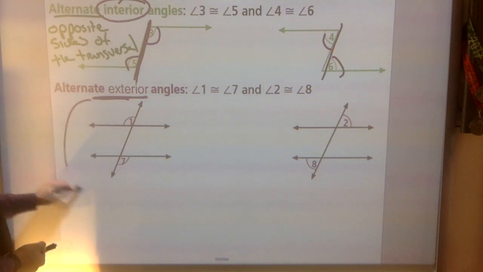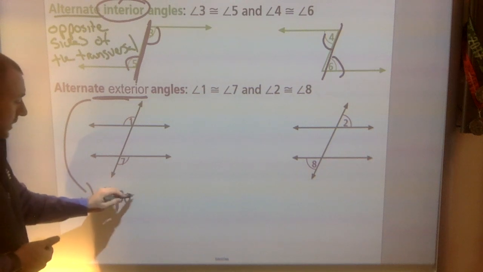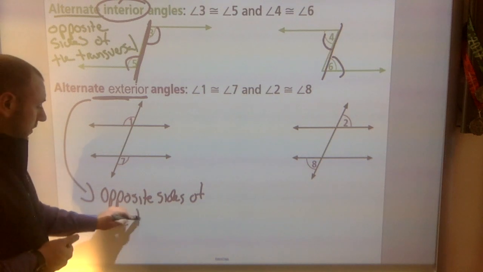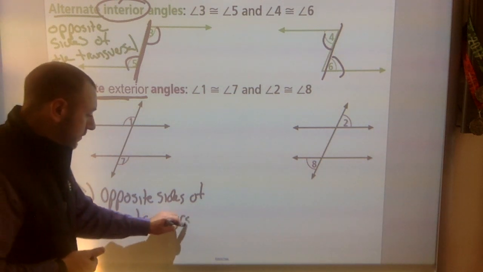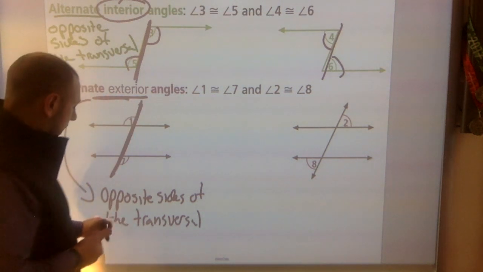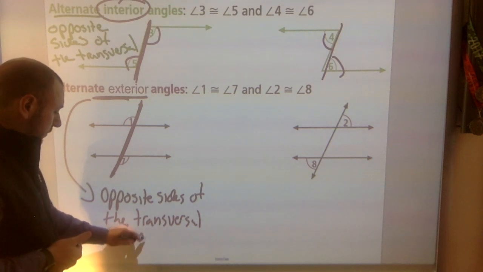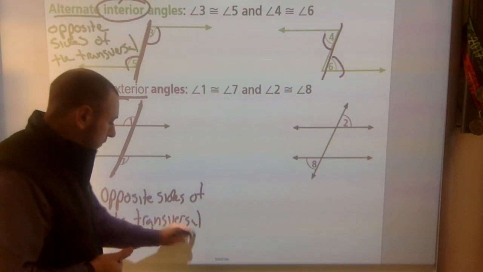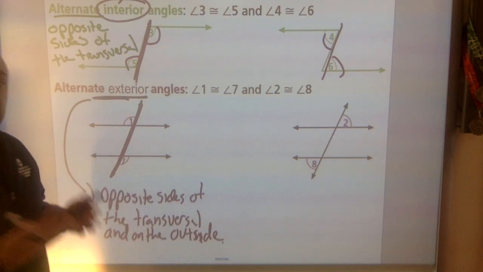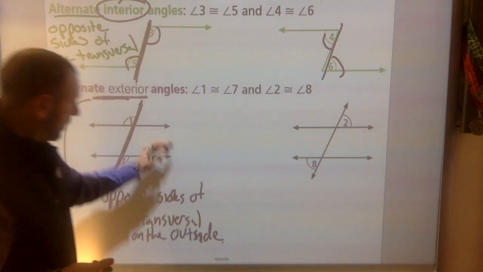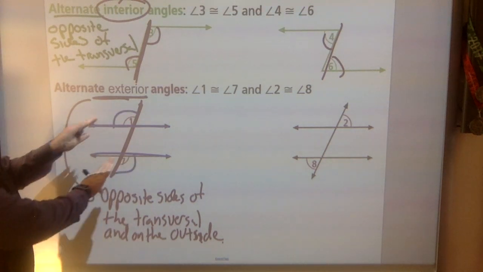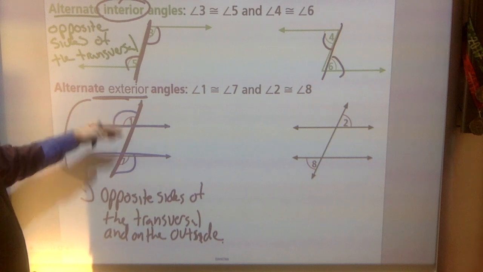Alternate exterior angles, opposite sides of the transversal. Again, the transversal, the line that's crossing those two lines. And on the outside, okay, so they're on the outside. So if you notice, this is my transversal, these are my parallel lines. 1 and 7, opposite sides of the transversal, the outside of those two lines.